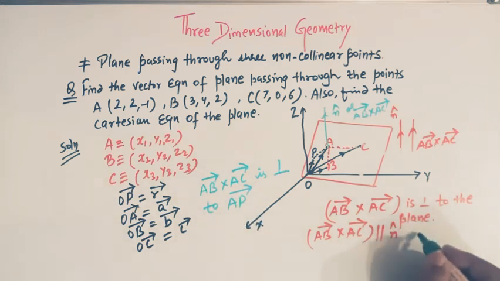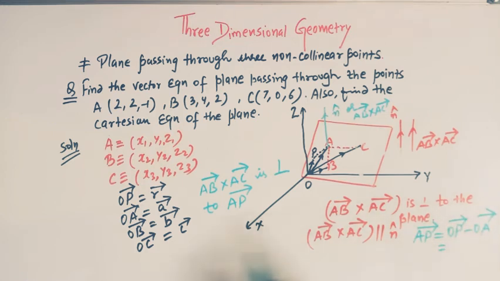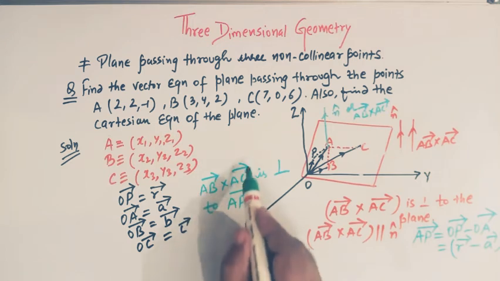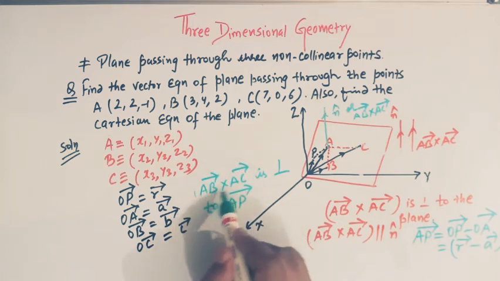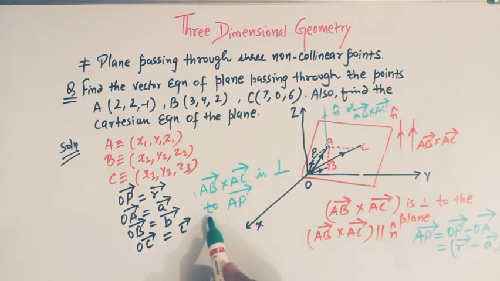And what is AP? This vector AP is OP vector minus OA vector, and OP is vector R, and OA is vector A. So AB cross AC is perpendicular to vector AP, which is vector R minus vector A.